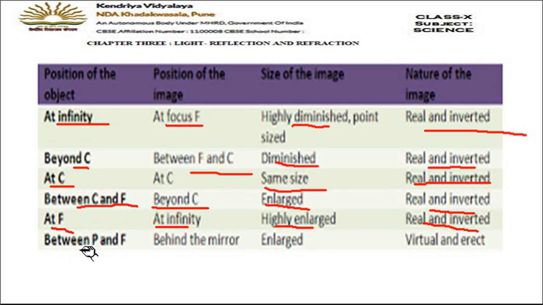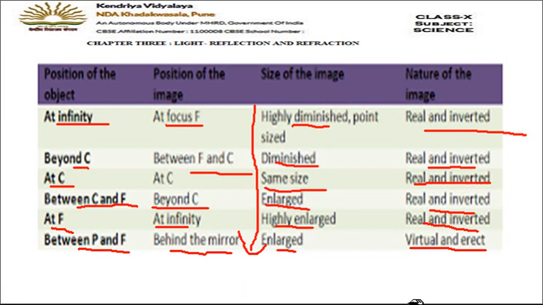And lastly, if it is between P and F, very close to the mirror, image is formed behind the mirror, enlarged, virtual and erect. So you can say that concave mirror can form all the types of images. It can form real and inverted image also, and it can form virtual and erect image also. Fine. And if you notice this, the size of the image is going higher and higher.